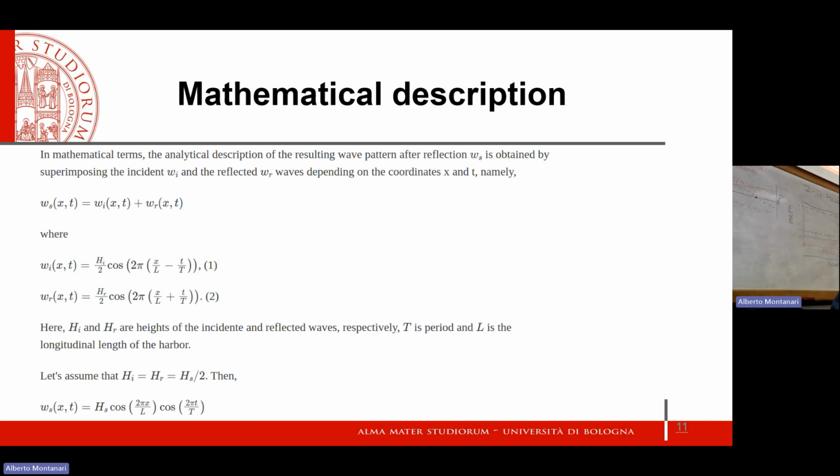WS is the position of the wave along the vertical, depending on time and depending on the longitudinal direction S. And WS is the sum of the incident wave, WI, plus the reflected wave, WR.